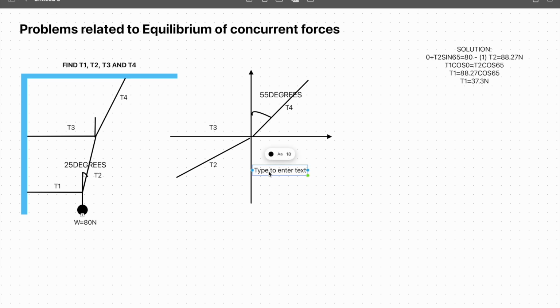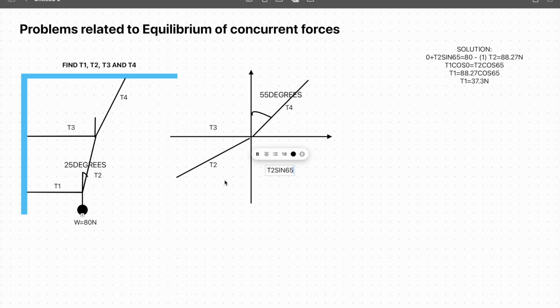So T2 sine of... if this is 25 degrees and this is 90, then this should be 65.